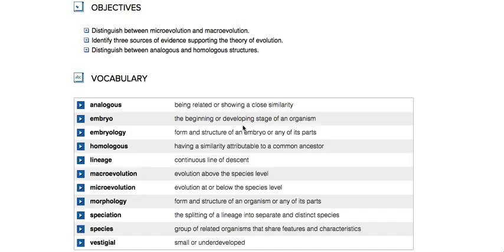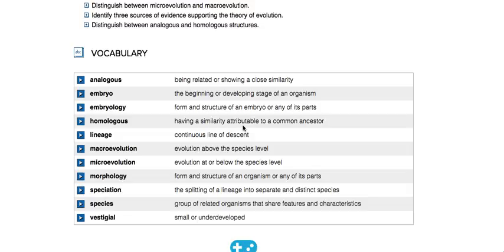Remember, analogous structures are those structures that show a similarity between organisms. Homologous structures are those structures that have a similar attribute that comes from an actual common ancestor, so we're talking about actual lineage.